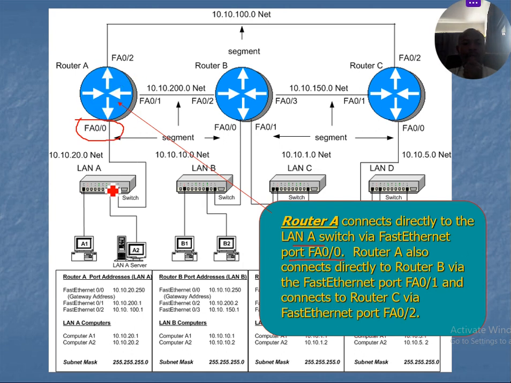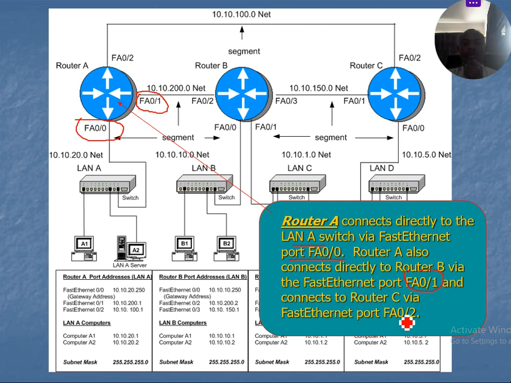That's how router A connects to this local area network via this interface. Router A also connects directly to router B. This is router B and this is router A, so it connects through this interface, FA0/1.